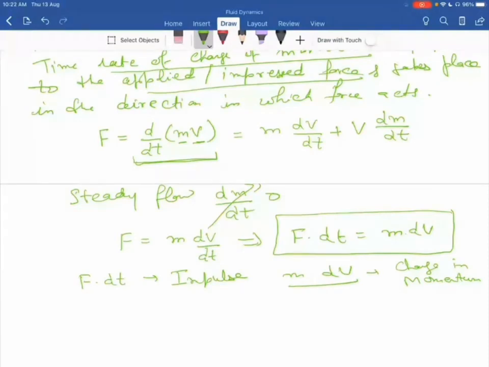If I write it in the form of a statement, that becomes the impulse momentum theorem.